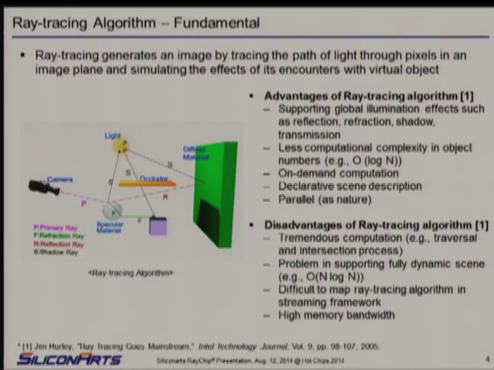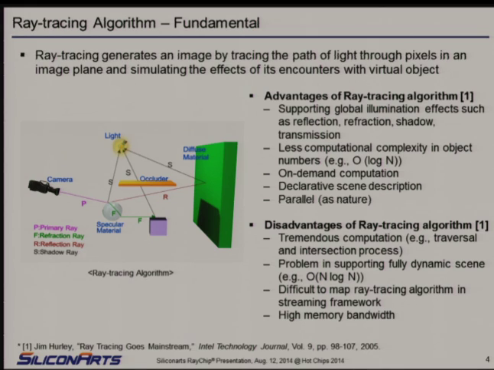Ray tracing generates an image by tracing the path of light through pixels in an image plane and simulates the effects of its encounters with virtual objects. There are several advantages of ray tracing algorithm in computer graphics. First, ray tracing supports global illumination effects such as reflection, refraction, transmission, and shadow.